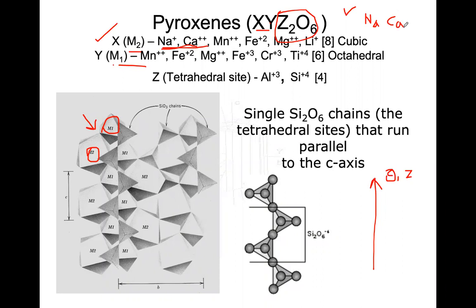Then for Y you have another cation, for example iron. And in some places where iron can be present, magnesium can also fit. Instead of iron, there can be some magnesium also.